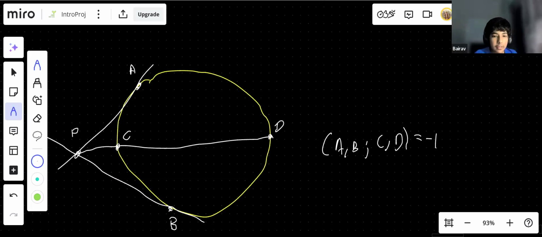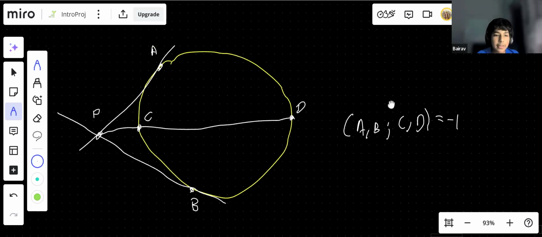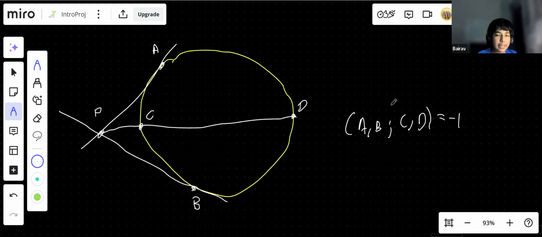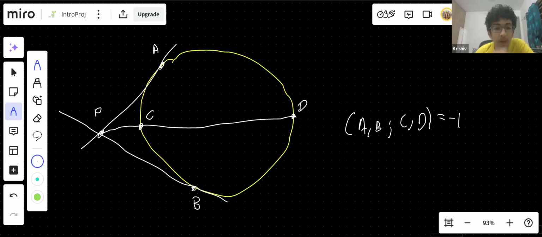I guess we could just say that D is on the same place as C, so then it would be almost the same, but because they're across from A, B, they have to have a sign difference, so it's -1. A and B are not in the same position with respect to CD.